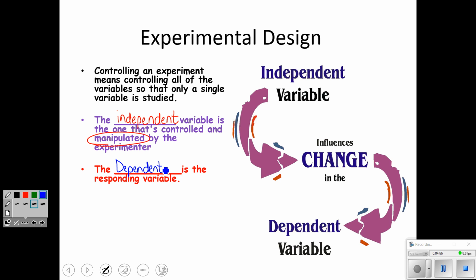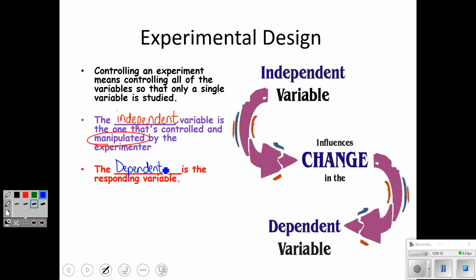Dependent variables are going to be measurements, both quantitative, which is going to be your number measurements, or qualitative, which is going to be a descriptive measurement. Either of those is basically what happened in this experiment. That's my dependent variable.